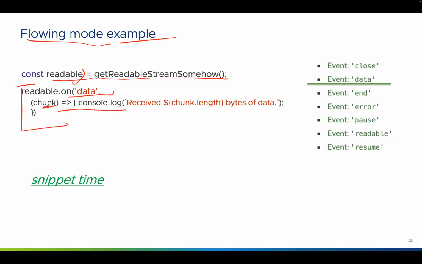The chunk parameter means flowing mode: the data is automatically pulled, which is a chunk. So you can manipulate or display the chunk within your application.